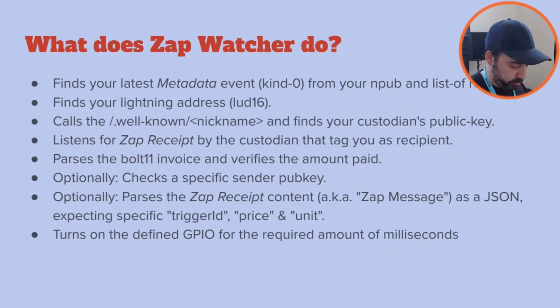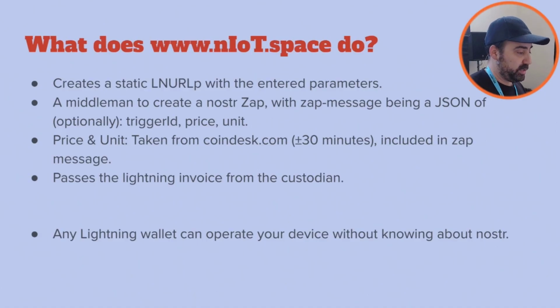What is it used for? So I built a website that you can check on your laptop, niot.space. And it can act as a middleman. And even if the payer is not on Nostr, it will give the payer a QR code that he can pay. And the NIOT website, as a middleman, will actually create the zap event.